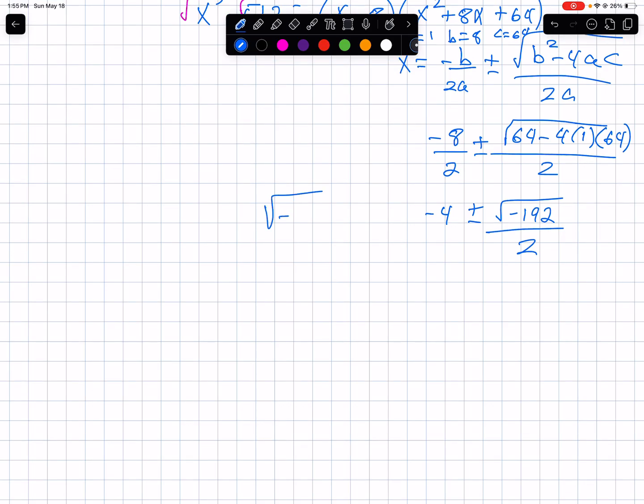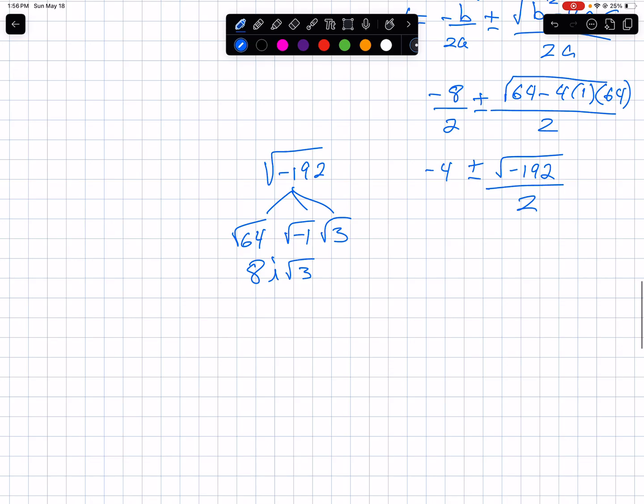So if we take square root of 192, we can break that into square root of 64, square root of negative 1, square root of 3. Square root of 64 is 8, square root of negative 1 is i. That's why it's evil, right? Because you always end up with an imaginary number there. So you get negative 4 plus or minus 8i root 3 over 2, and the 8 and the 2 cancel to 4.